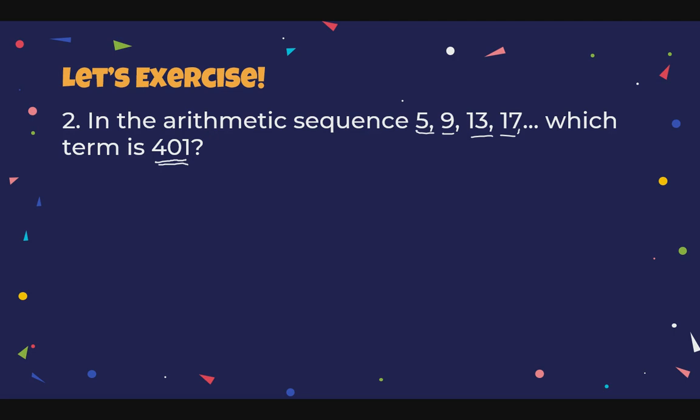Okay. So, using our formula, a sub n is equal to a sub 1 plus n minus 1 times d. Let's identify our a sub n. A sub n is 401. Yung term na aalamin natin kung pang ilan. Hindi natin alam kung pang ilan siya, pero siya po yung hahanapin natin.